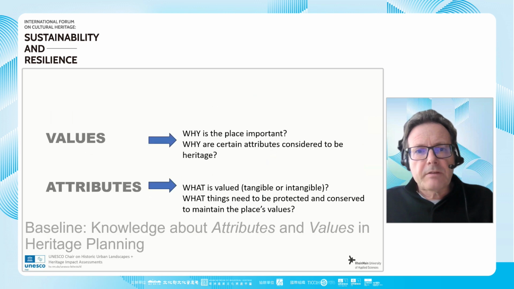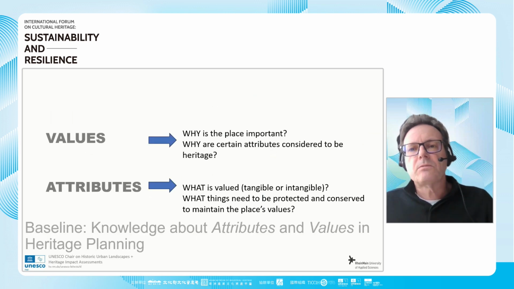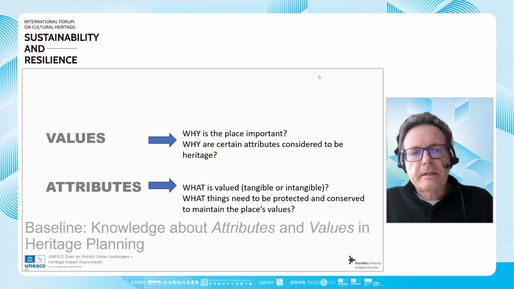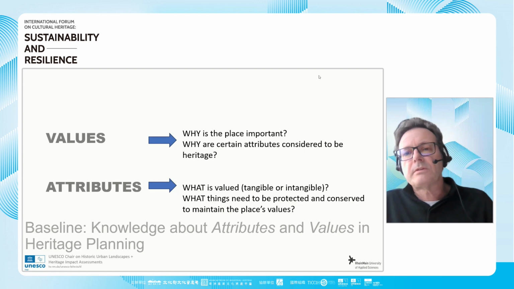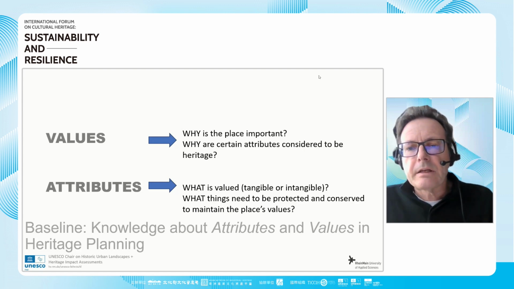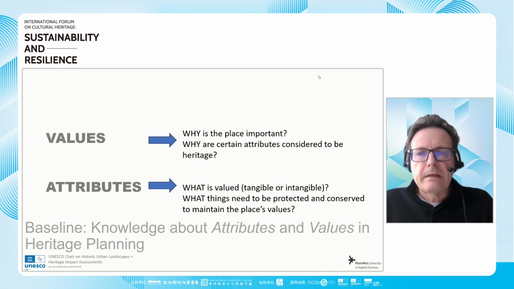So in other words, we have to have a clear knowledge about the values of World Heritage properties, what is important, why the sites are important, and why certain attributes are considered to be heritage. And secondly, we have to have a clear knowledge about attributes. So what is valued? It might be tangible or intangible elements, and what things need to be protected and conserved to maintain the place's values.